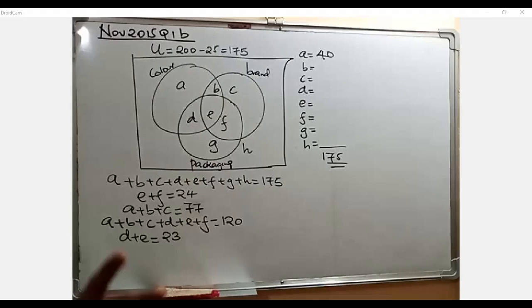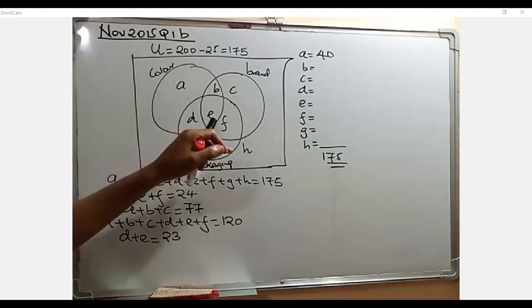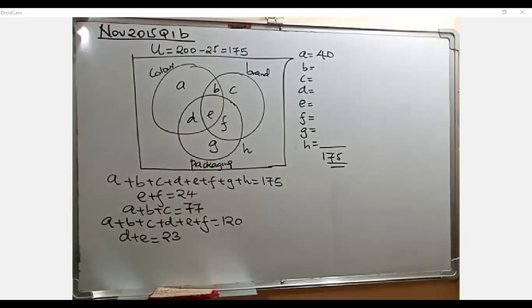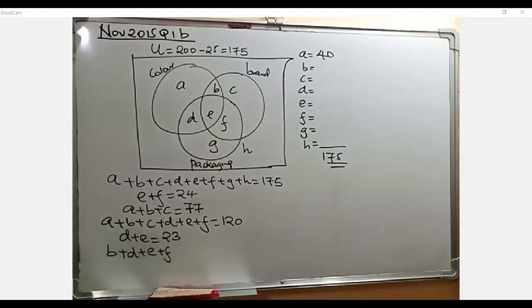At least 2 means 2 and above, so B is shared, D is shared, E is shared, and F. So it is B plus D plus E plus F, equivalent to 43.